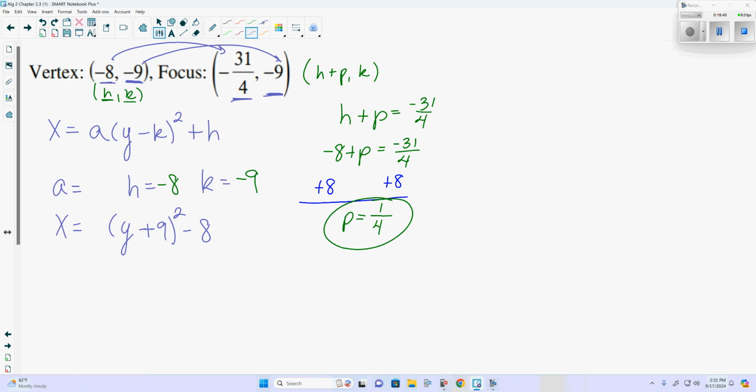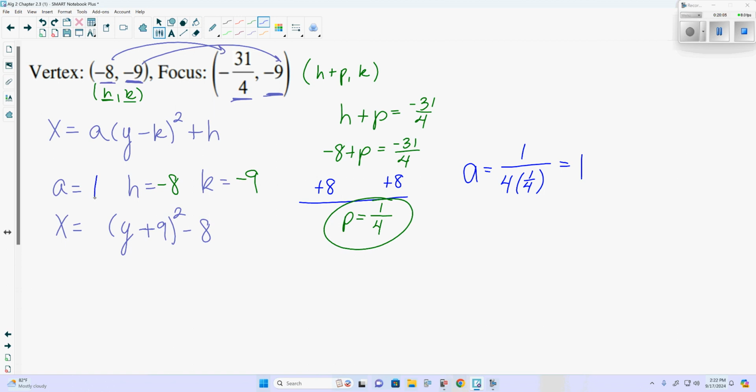Questions on how we found p? Now we still need to find a, the number we plug in. So we're doing 1/4 times 1/4. Well, 4 times 1/4 is 1. So the value of a is 1.